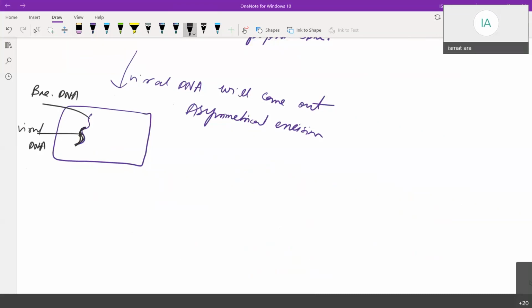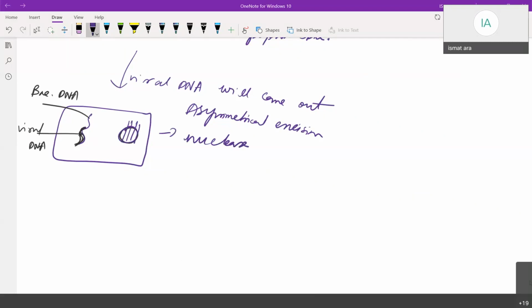So what about the rest of the material, student? I will draw it with blue. This material is totally degraded. The viral DNA and some bacterial DNA come out. Now they will use the machinery of the bacteria. They are degrading the nuclear material. How have they degraded the nuclear material? With the help of nuclease.